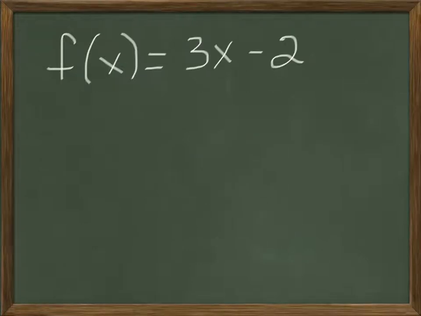Okay, so let's start by talking about how to find the inverse of the function f of x. First, we replace f of x with a y variable. Then, our second step is to exchange the x and the y variables.